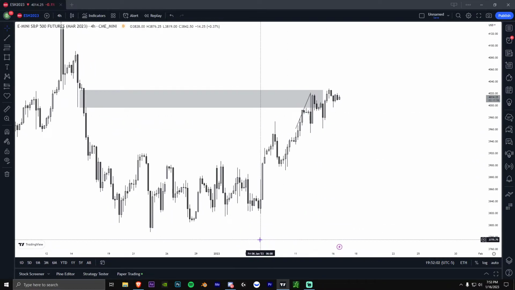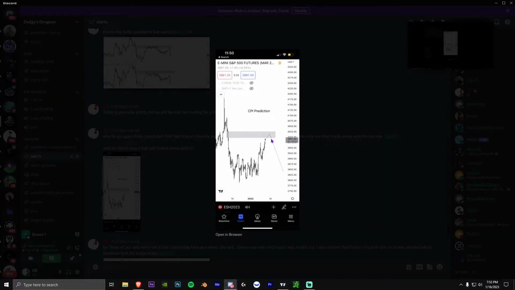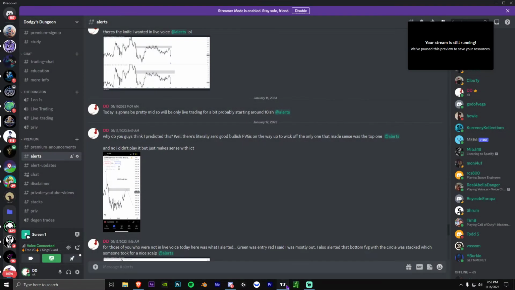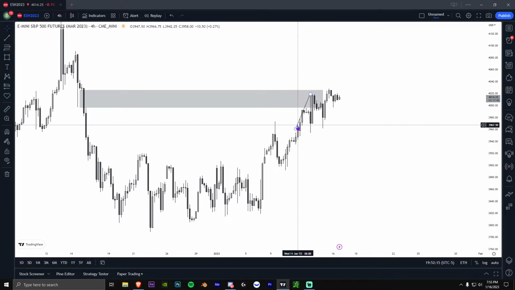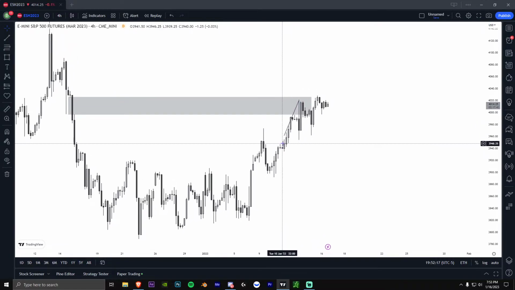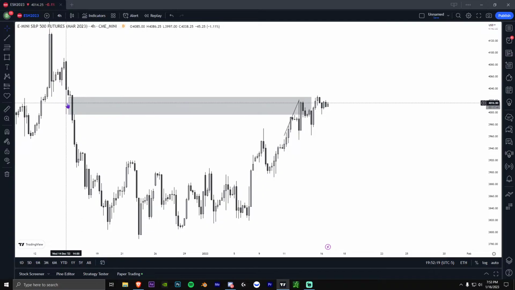But you can see another scenario where the chart sets itself up before the news. The reason why I never predicted down then up is, if you look down, what do you see? There's no fair value gap. There's no good fair value gaps over here. But if you look left, there's a very, very, very clean fair value gap right here.